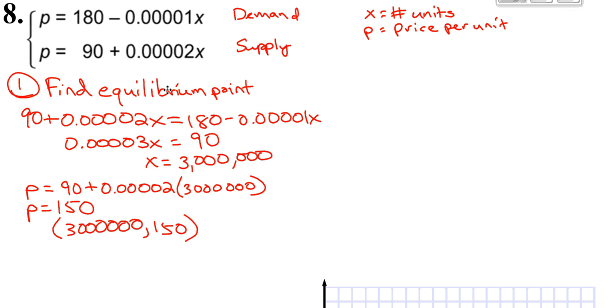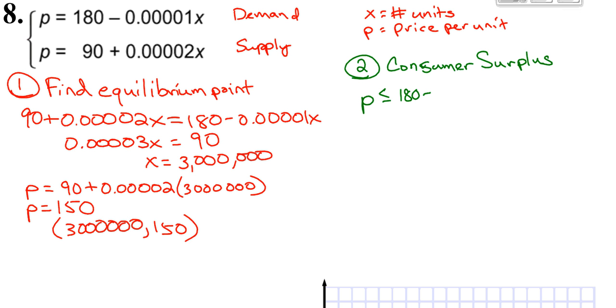Then our second job is to figure out the consumer surplus. The consumer surplus is going to happen when the price per unit is less than or equal to the demand, 180 minus 0.00001x.